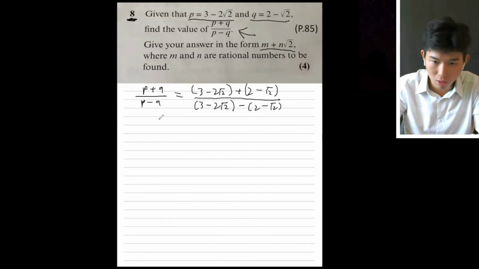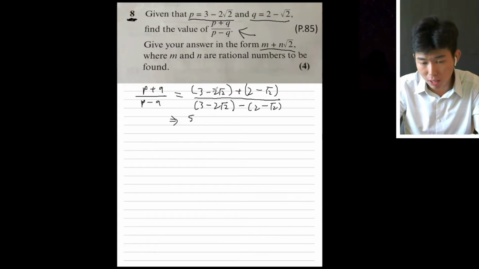Okay, so next step would be 3 plus 2 would be 5, and minus 2 root 2 minus root 2 would be minus 3 root 2.